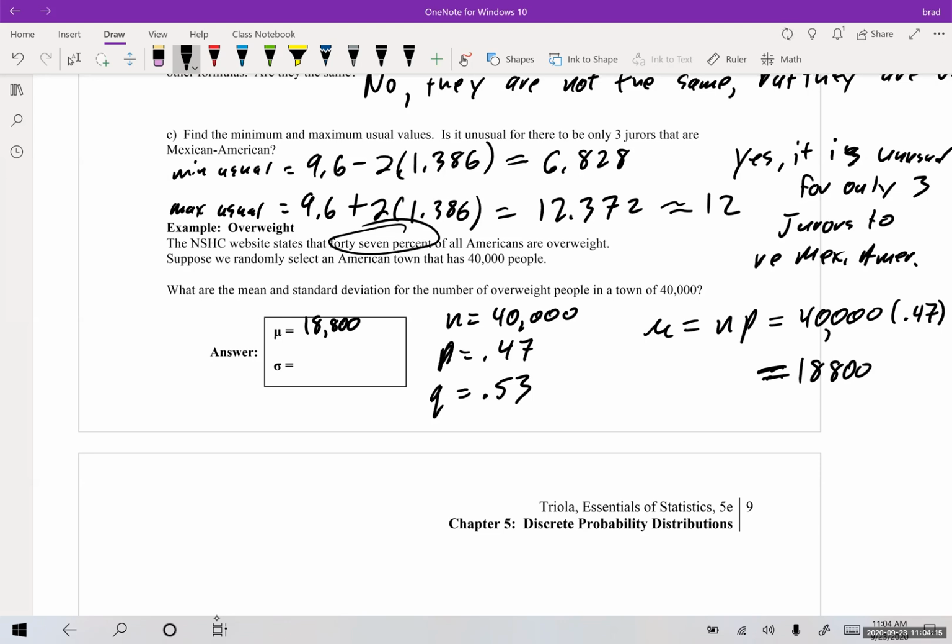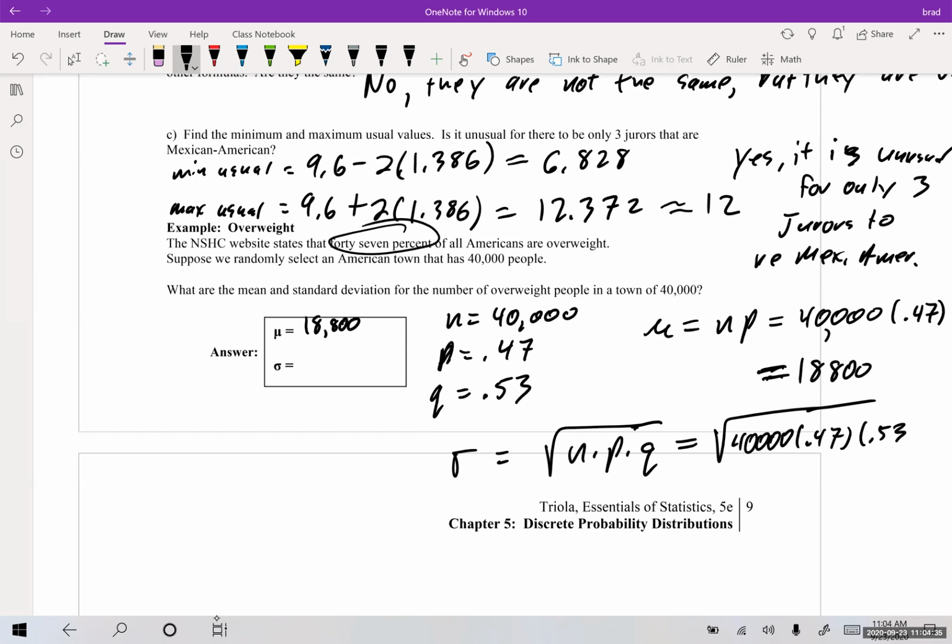Now we can find our standard deviation by doing the square root of N times P times Q, which would equal the square root of N, which is 40,000, times P, which is 0.47, times Q, which is 0.53. So we will end up with approximately 99.820.